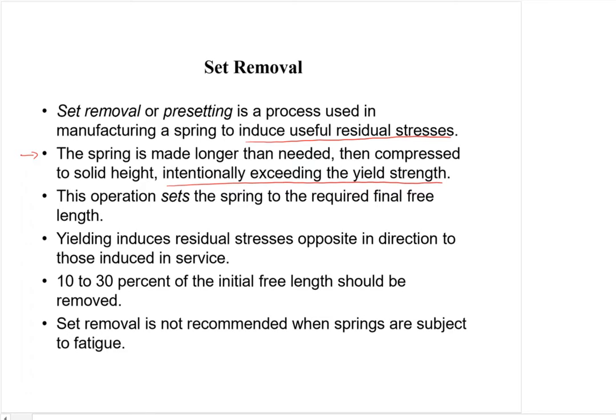So that sets the spring to the final free length. Once you yield it at the solid length, if you go back to the solid length again, you're not going to yield it again. You've already absorbed that yielding on the first set, right?